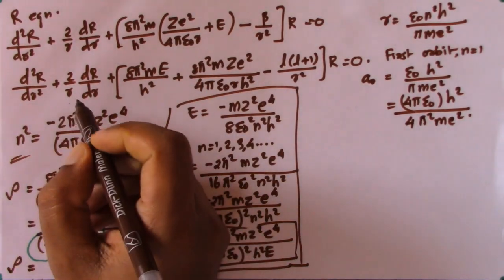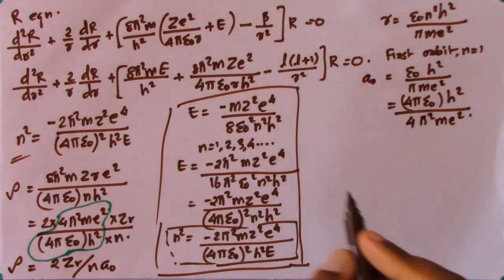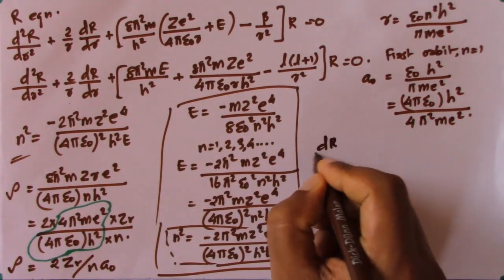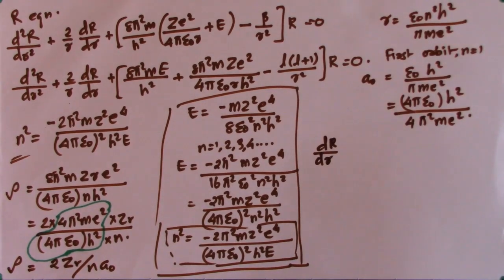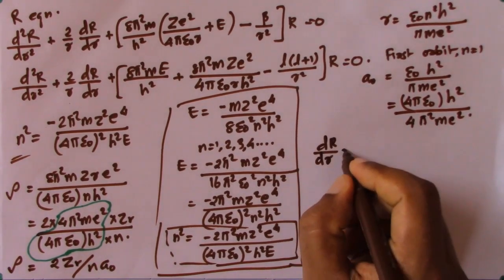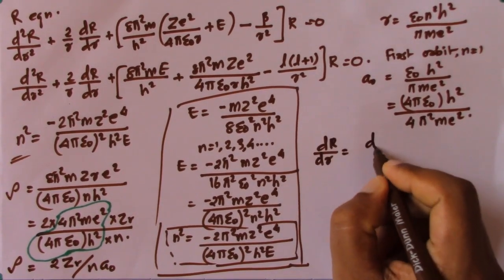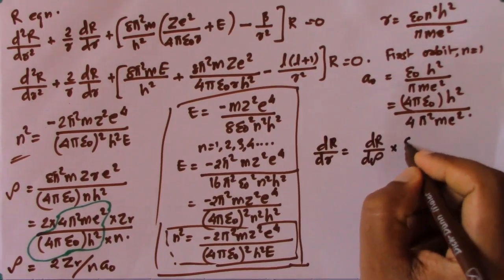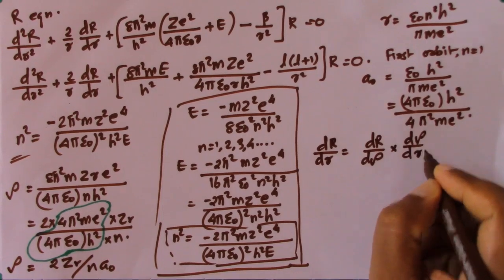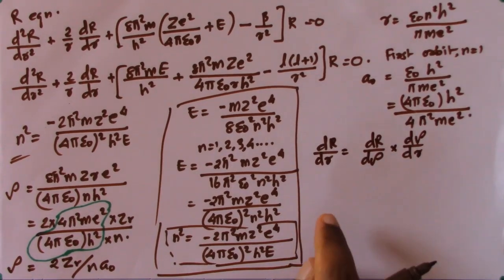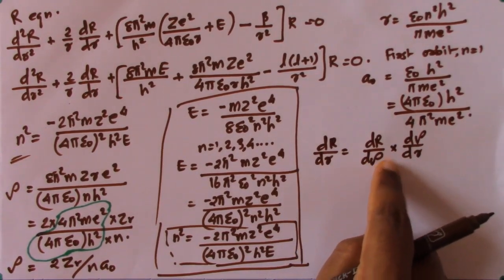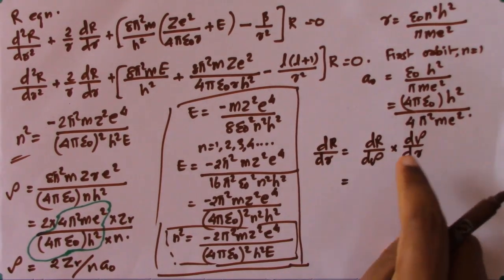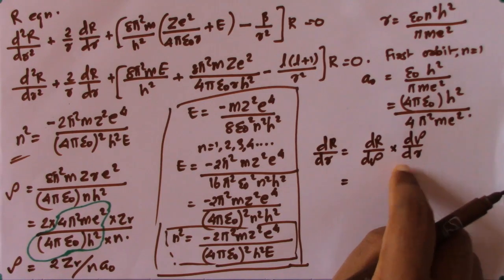First, let us take dR by dr. We have dR by dr here, right? dR by dr is equal to dR by d rho into d rho by dr. What is d rho by dr?